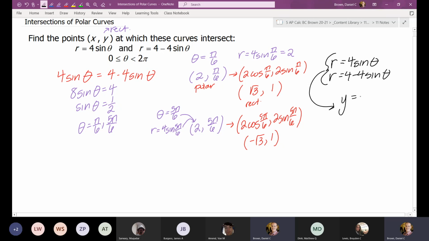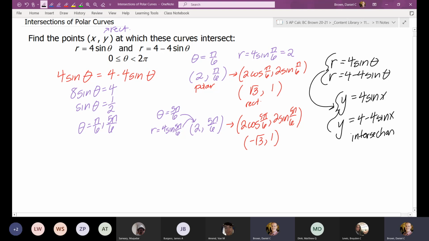But if you were to graph these two equations, y is equal to 4 sine of x and y is equal to 4 minus 4 sine of x, if you were to graph both of those and find their intersection points, they wouldn't have the same coordinates, but they would have the same angle. So the angles that the rectangular graphs cross would be the same as when those polar graphs cross. And that can be a way to check your answer to make sure you found all the intersection points. I did want to show you another thing.